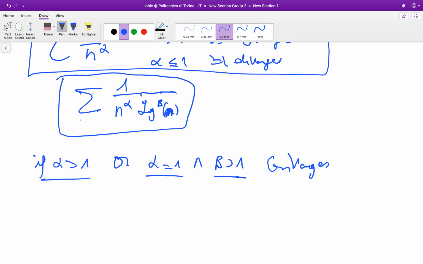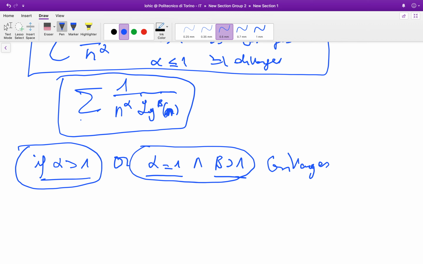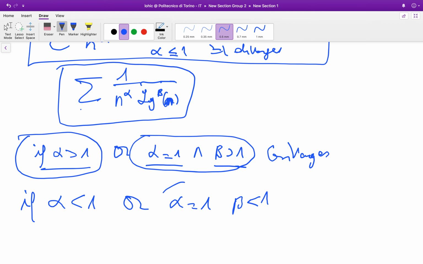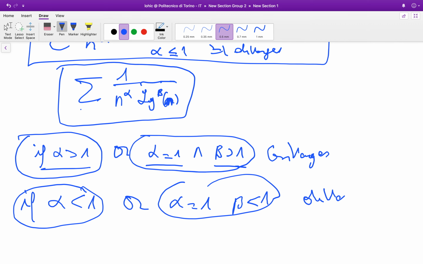Is that clear? Either this or this. Is that clear? If alpha is smaller than 1, or alpha equals 1 and beta is smaller than or equal to 1, the series diverges.